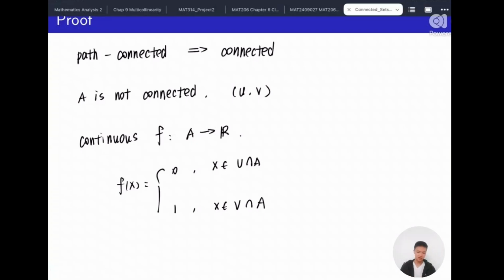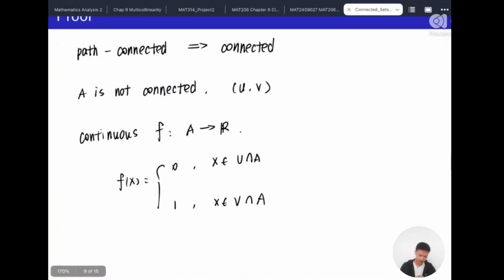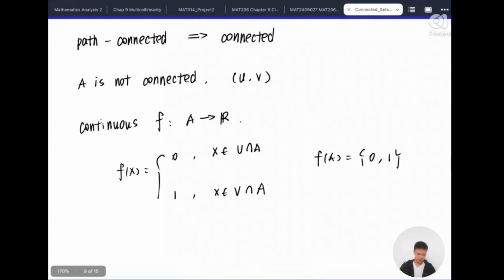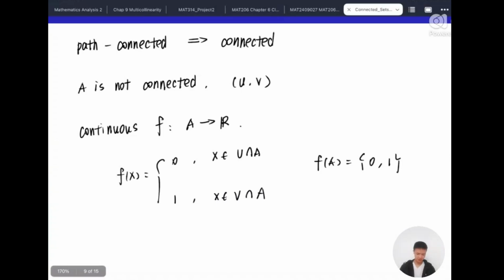So why is it a contradiction? If A is path connected and f is continuous, from the IVT the image should be an interval, right? But the image of f is 2 points. It's not an interval. So here is the contradiction.